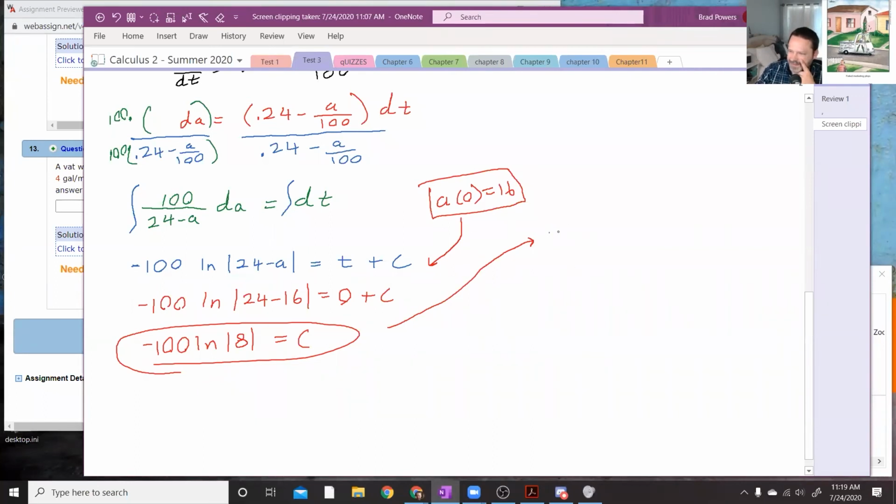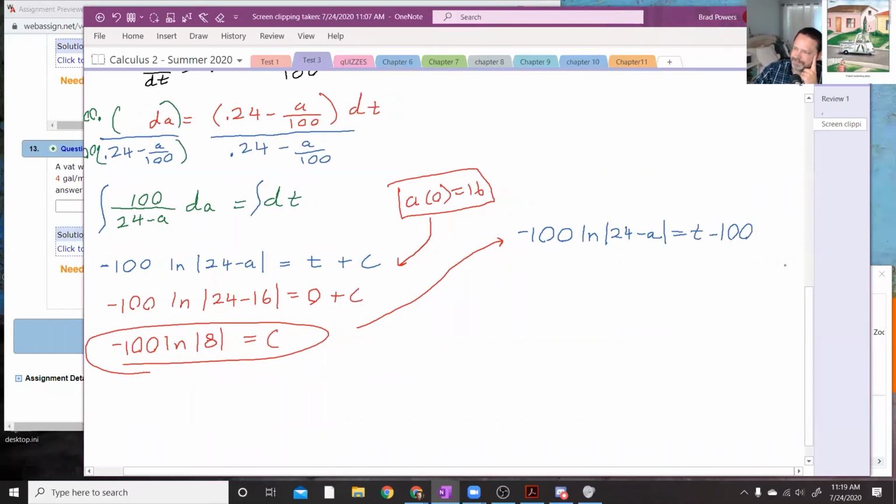We plug that in. Negative 100 times ln of 24 minus a equals t minus 100 ln 8. And now we can solve for a.